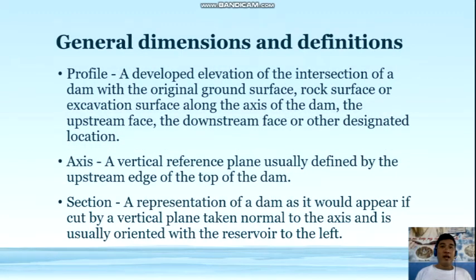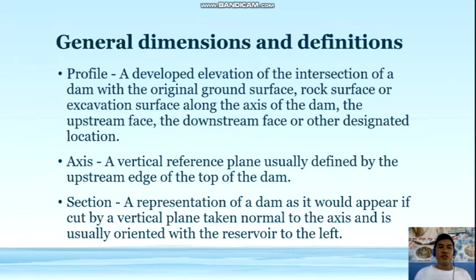Next is the profile. It is a developed elevation of the intersection of a dam with the original ground surface, rock surface, or excavation surface along the axis of the dam, the upstream face, the downstream face, or designated location. Axis is a vertical reference plane usually defined by the upstream edge of the top of the dam.